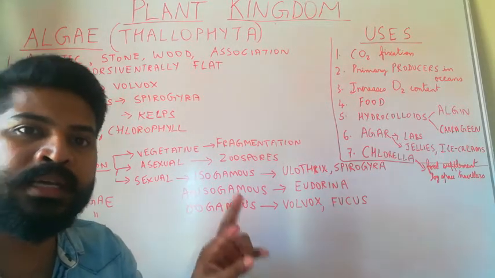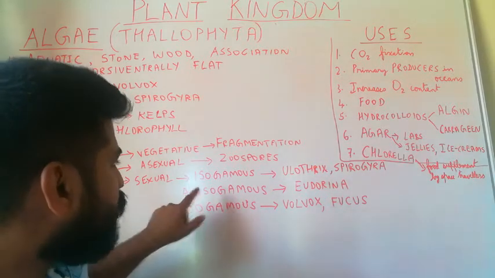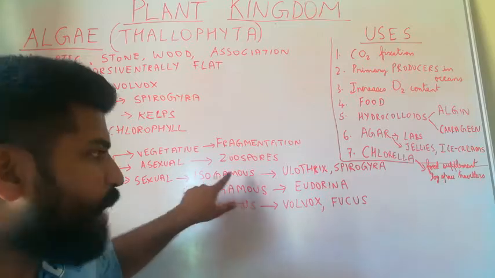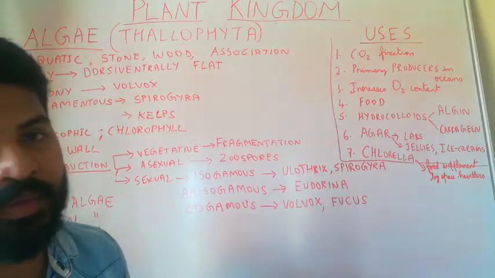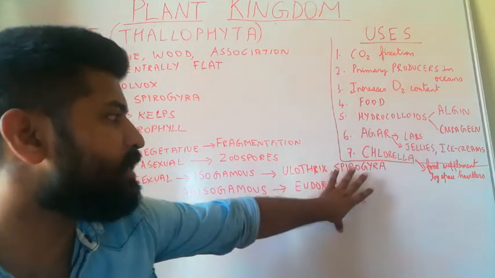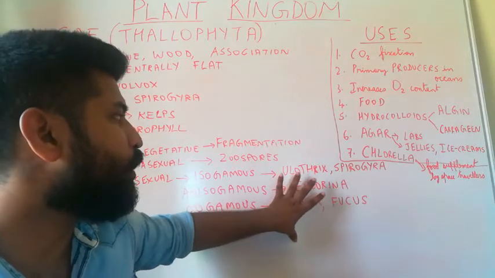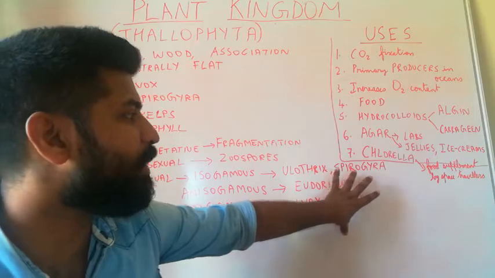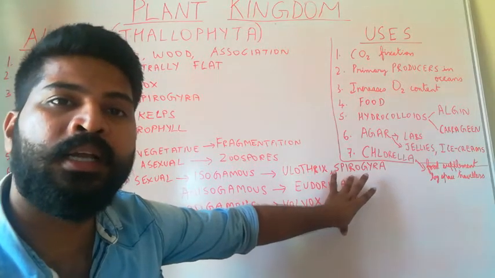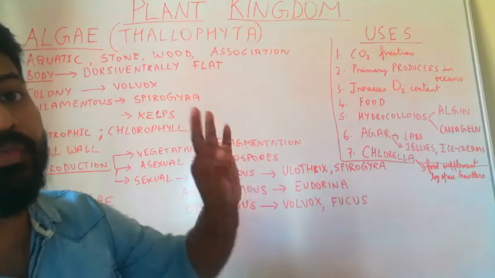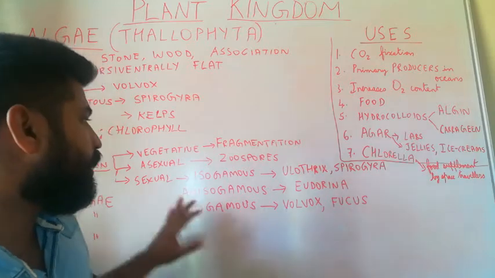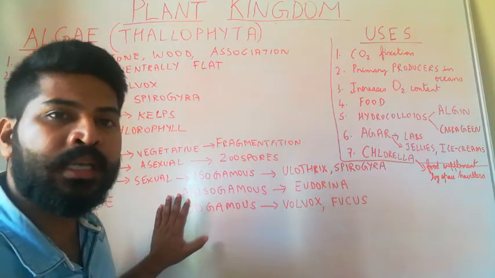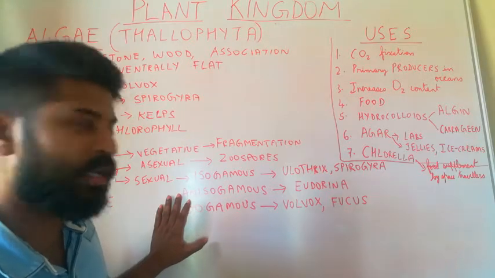When both the gametes are similar in size, we call it isogamous type of reproduction, which is seen in ulothrix and in Spirogyra. However, in ulothrix, the gametes have flagella, whereas in Spirogyra, flagellum is absent, but both the gametes are of the same size. In anisogamous type, one gamete is larger in size, another gamete is smaller in size.